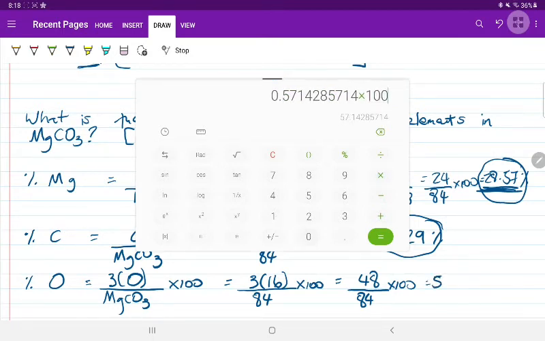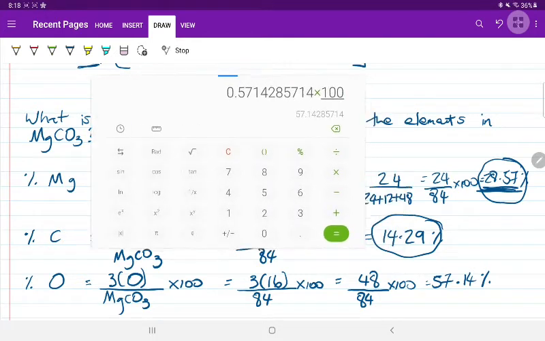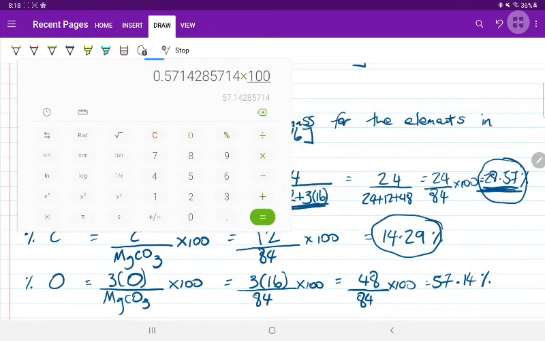So that's 57.14%. Okay, so this is your percent oxygen.